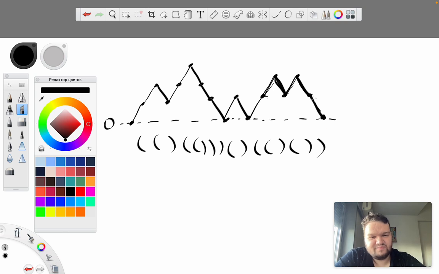Because if we go up at some point, we will have to go down at some further point, and at the first such point we just go up and then down. So we found this thing.